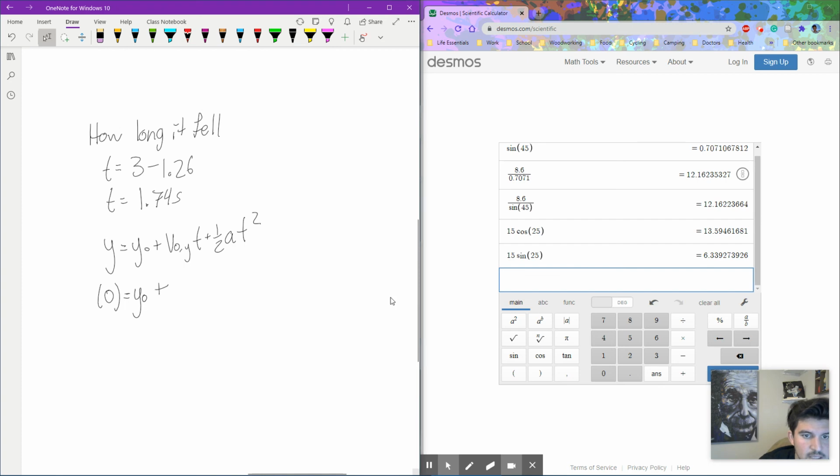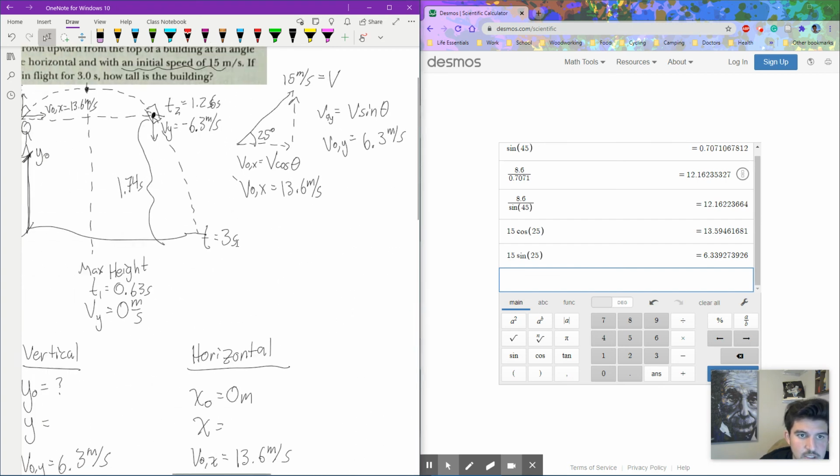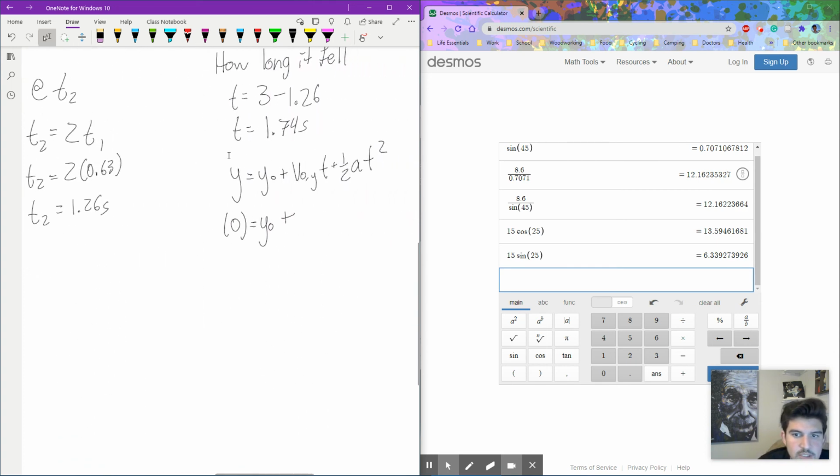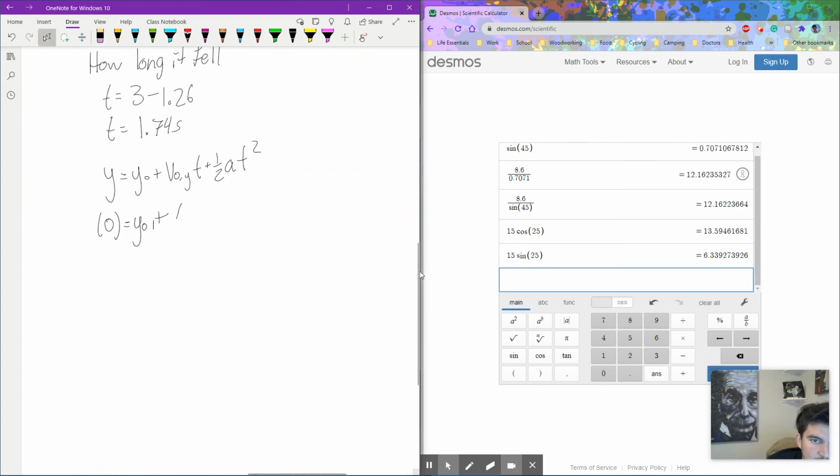Well, we mentioned at the beginning of our drawing that the initial vertical velocity, or the vertical velocity right at this point, is the exact same as when it started, just pointing in the opposite way. So we do know V0y is negative 6.3. Okay. Now the time it took to fall was 1.74 seconds. Our acceleration is still negative 10. We're going to plug in that 1.74 again. And if you look at this, this is all numbers with one letter.